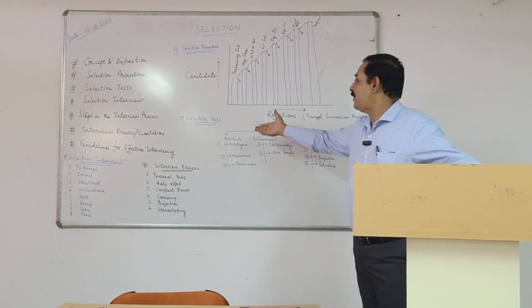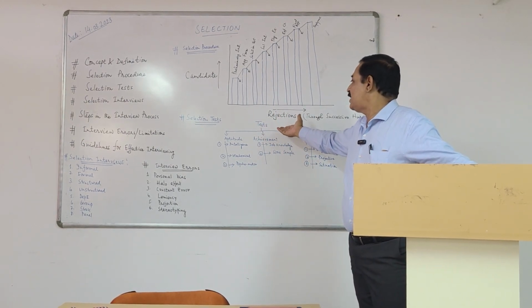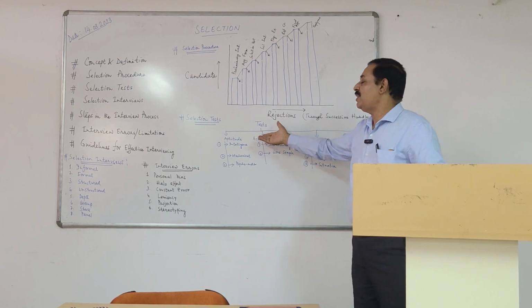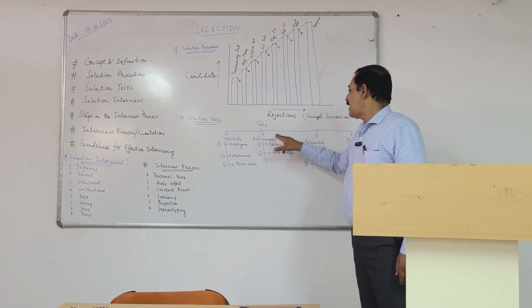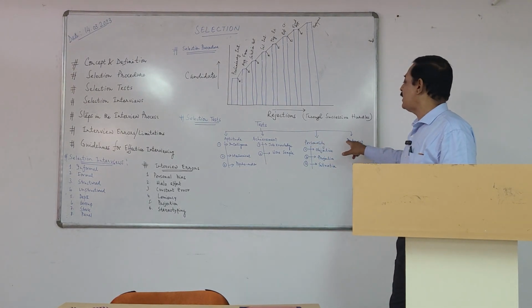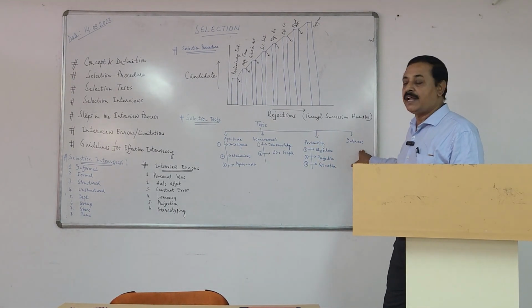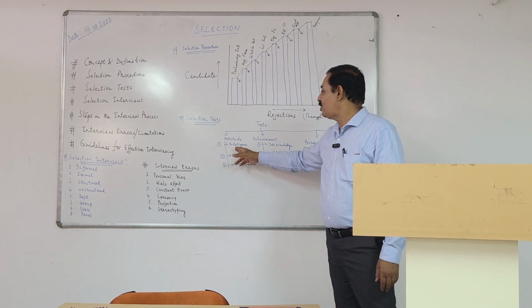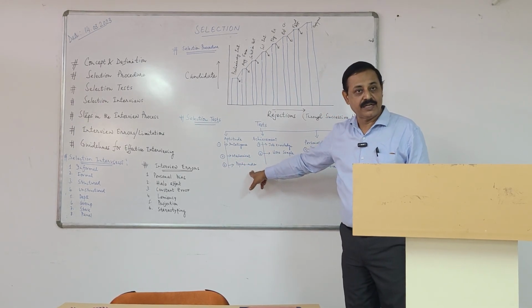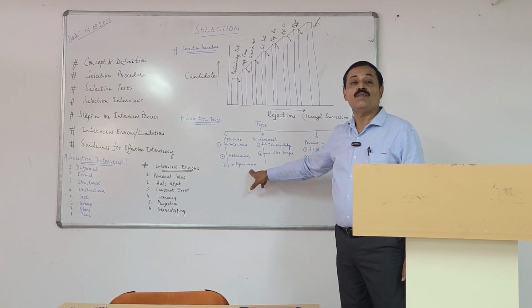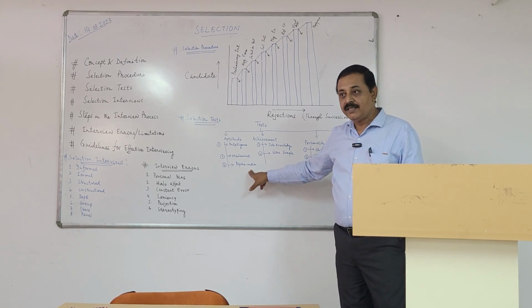And then we have seen different kinds of tests. Here you can see the tests can be broadly classified as aptitude test, achievement test, personality test, and interest test. And again we have seen that aptitude test could be intelligence test, mechanical test, psychomotor test. Psychomotor, right?